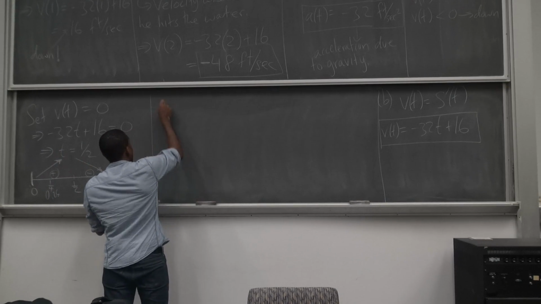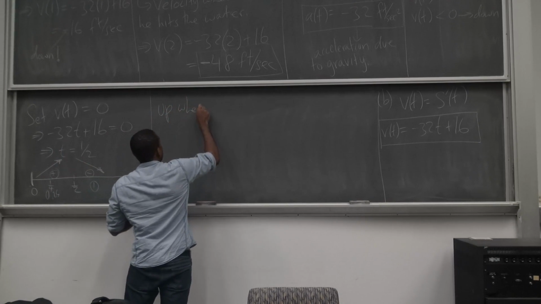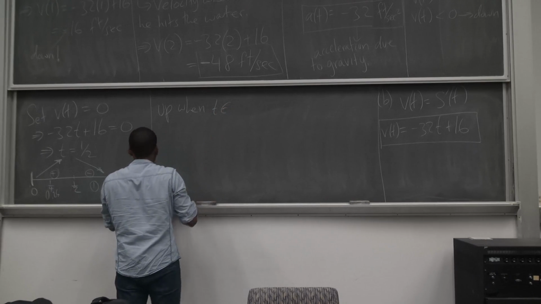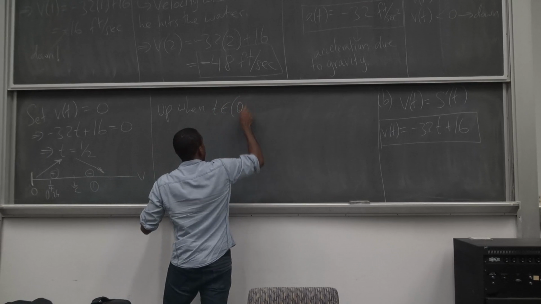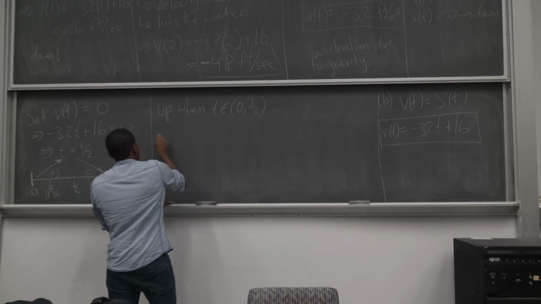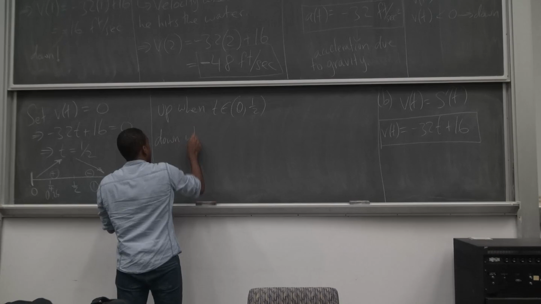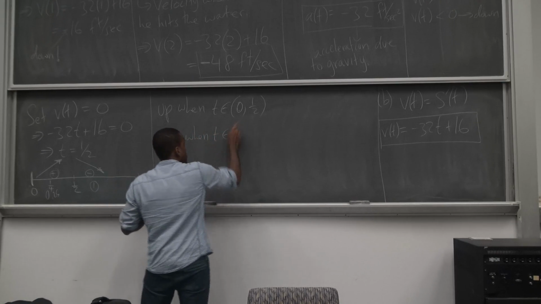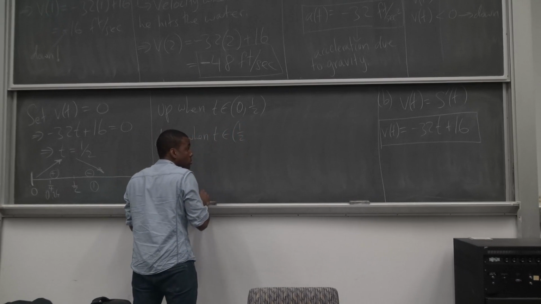So this means he's going up when t is in what interval? 0 to 1/2. And he's going down when t is in what interval? 1/2 to?